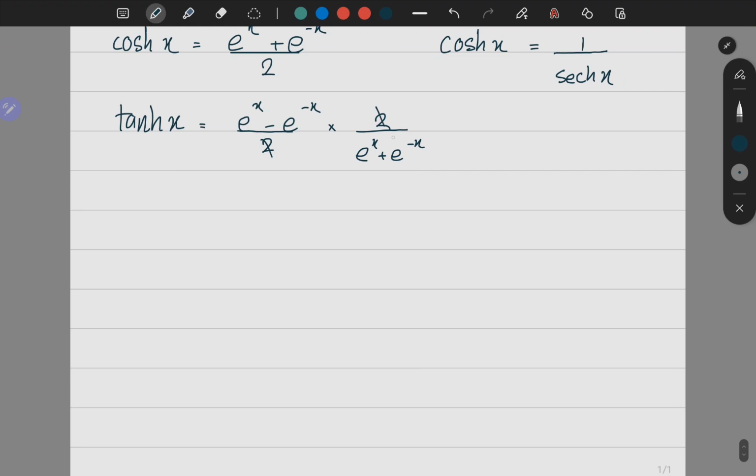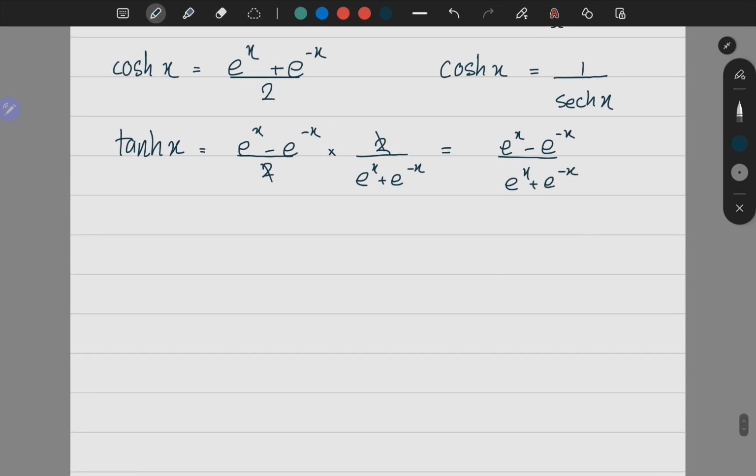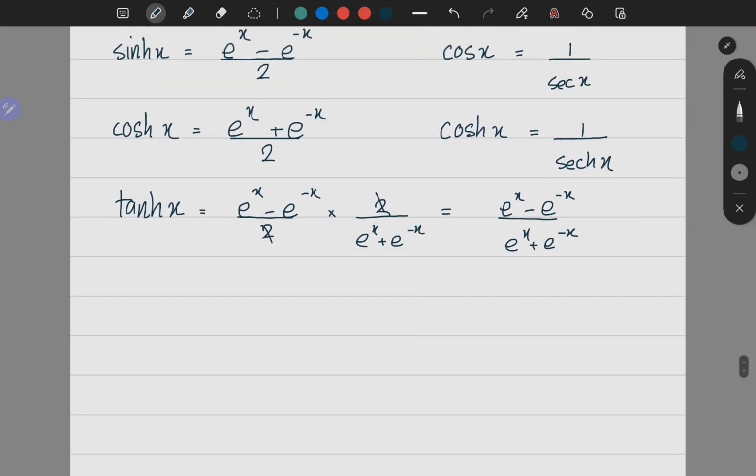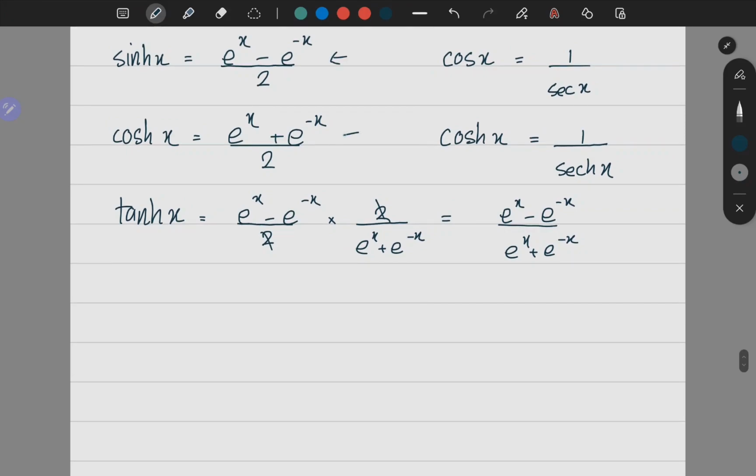Now these 2's will cancel and we get tanh x as e to the x minus e to the minus x over e to the x plus e to the minus x. Yes, you are required to know them, but if you know sinh and cosh, you can get every other one, so it's not really that hard to remember.